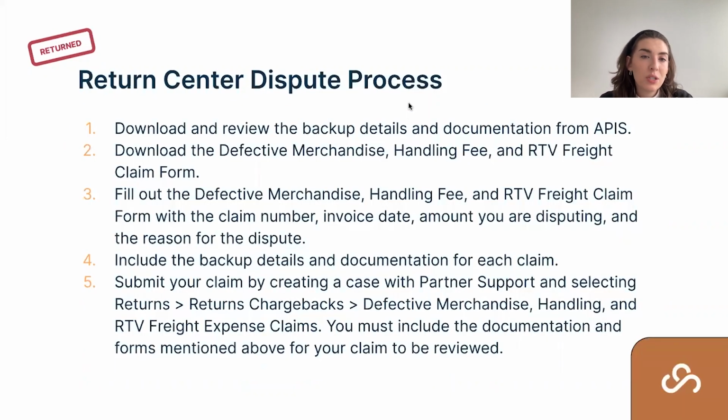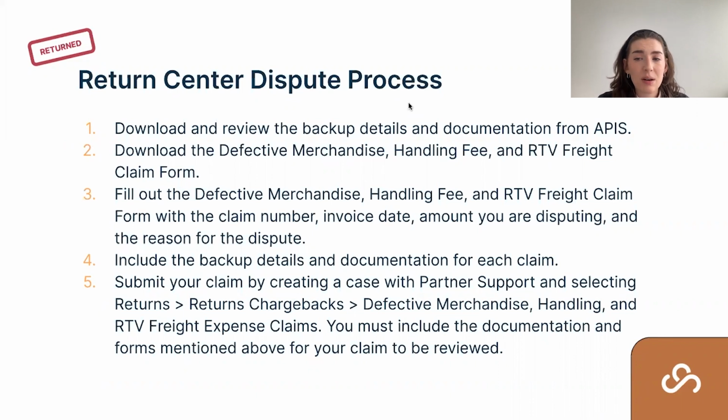All right, so here's the return center dispute process. It is not an actual application, but you do have to gather the proof documentation and ship it off to the return center. First you'll download and review the backup details and any documentation, and you can get a lot of that from APIS. You can also pull some different reports.